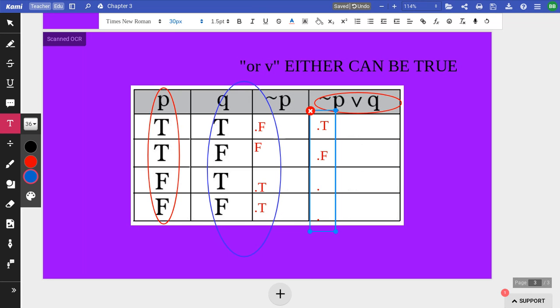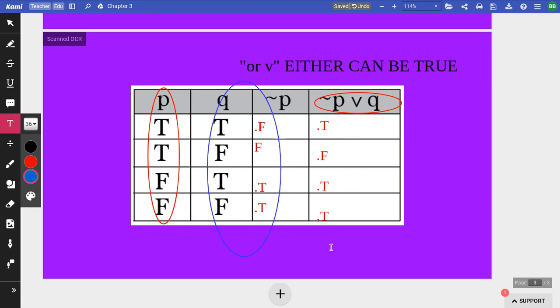Both of these are true, so either of these are true. And then for the last one, we have not P is true or Q is false. Are either of these true? Yes, therefore this is true. So this will be your answer for this statement.